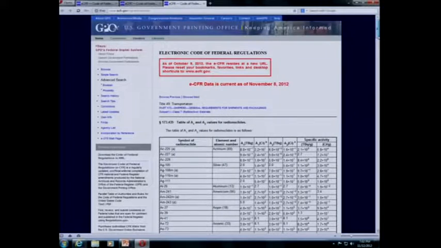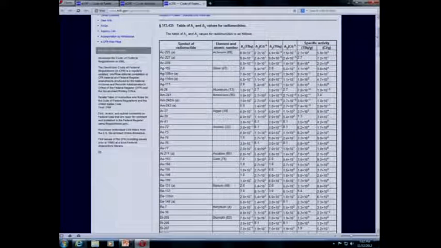Here's the table for A1, A2. See the type of information that's provided. Again, A1 in SI units and standard units, and the same note applies: the more accurate number is in the SI.